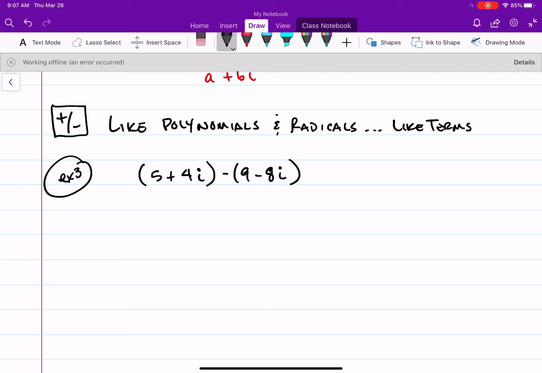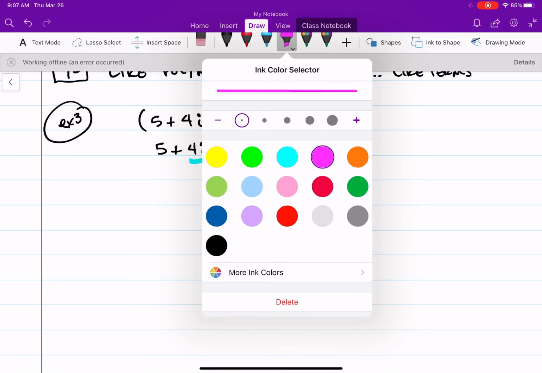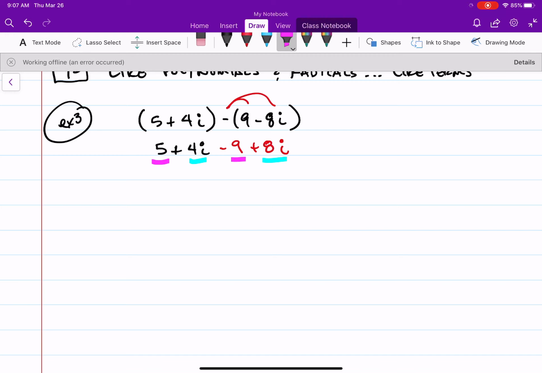What I have to do is get rid of the parentheses first. The first part is not a big deal. I have 5 plus 4i. But in the second part, the negative has to be distributed. So I have negative 9 plus 8i. One of the things you might want to think about is that if the i's were x's, like polynomials, then we would add these together and add these together, and that's what we would do.